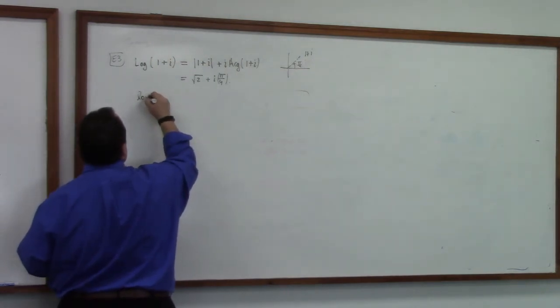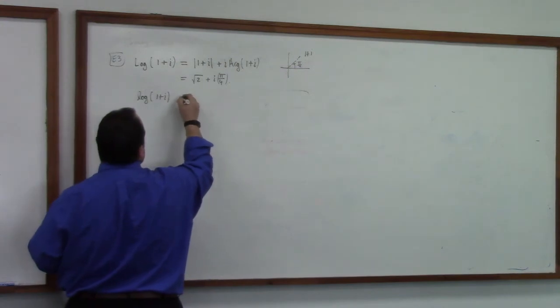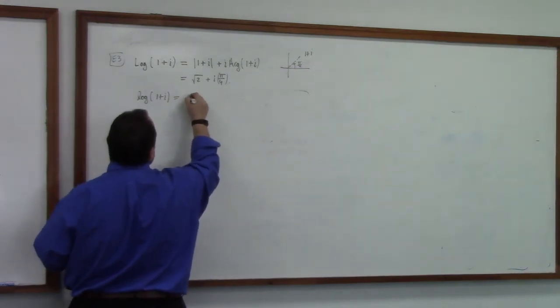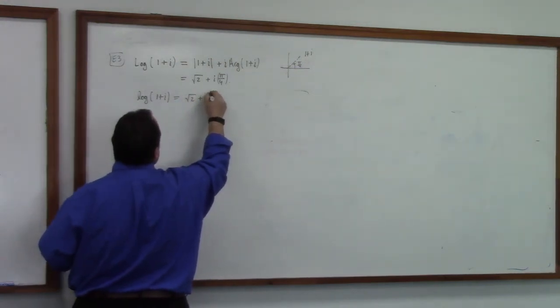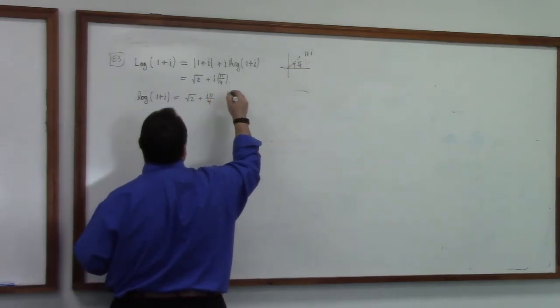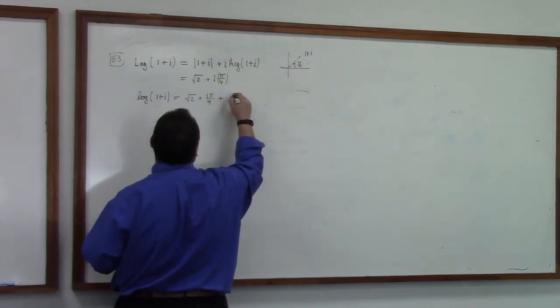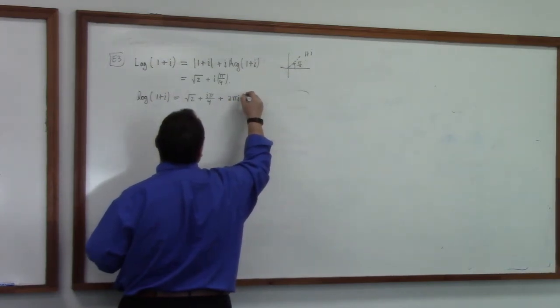The set little log, the set of all values of the log of 1 plus i, would be the natural log of square root of 2 plus i pi over 4, plus 2 pi i times an integer.